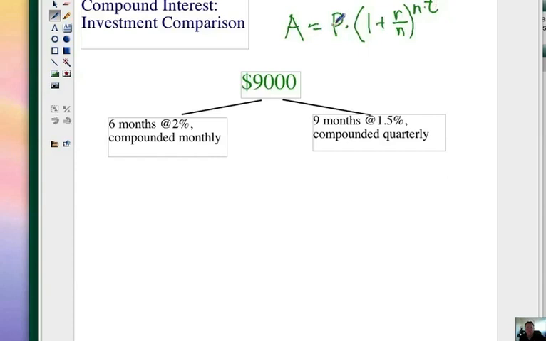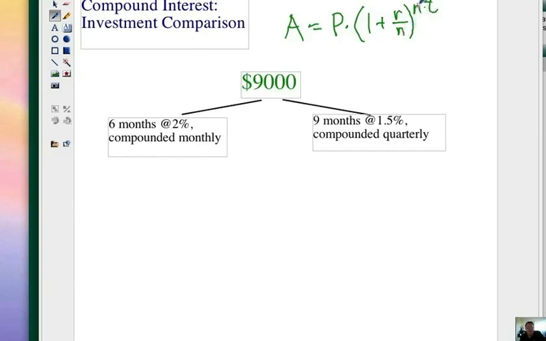We've got to make sure we define our variables here. A is the total amount, including the principal and the interest. P is your starting principal. In this case, that's $9,000. Again, the 1 comes from 100%, so you're starting with 100% of the principal, and you're adding on the interest rate divided by how many times during a year it's going to be compounded.